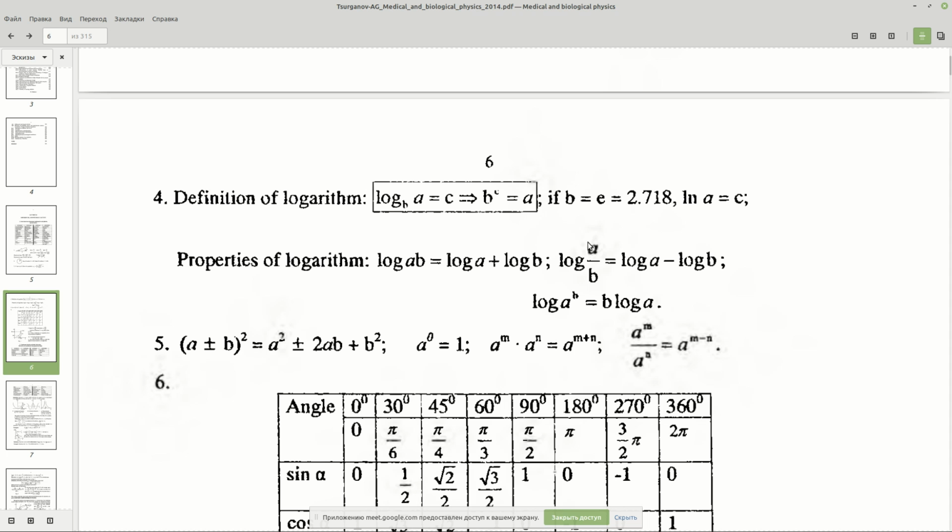So you could remember the formula of the square power of a sum or a difference, and the relation between the powers: a in the power m multiplied by a in the power n will be a in the power of the sum of these powers, and the ratio will have the minus inside the powers.